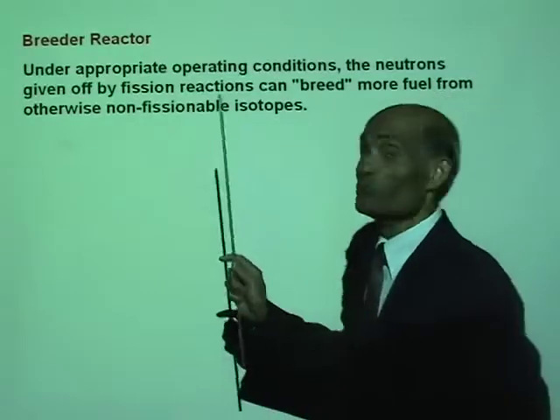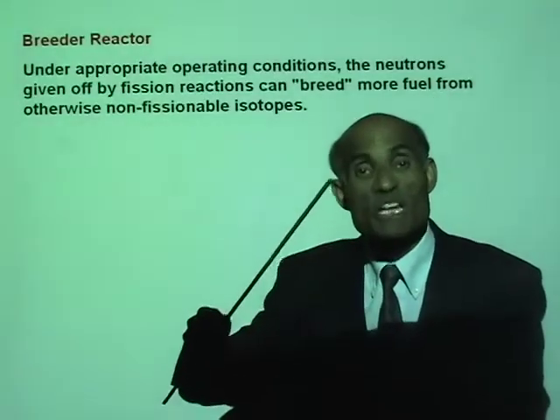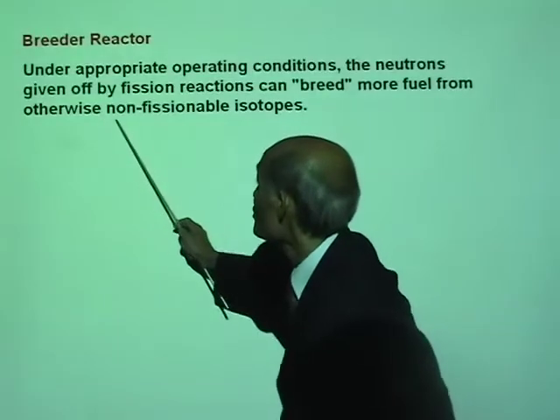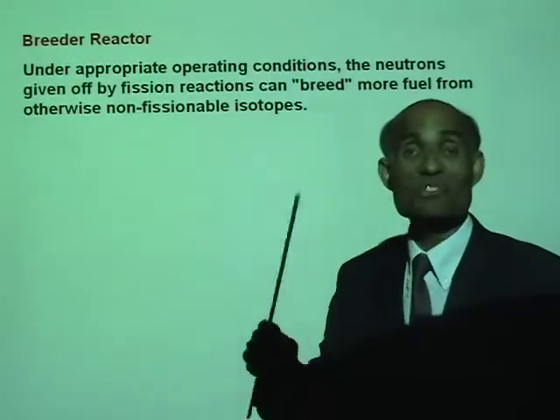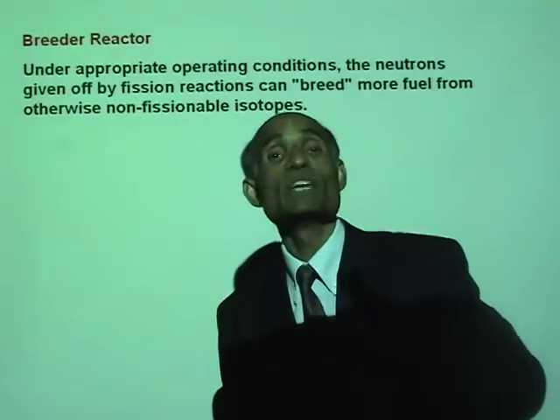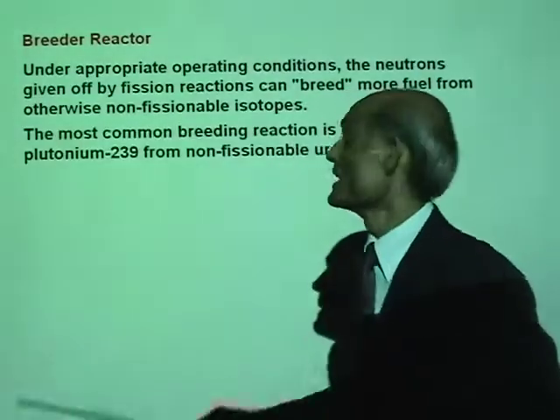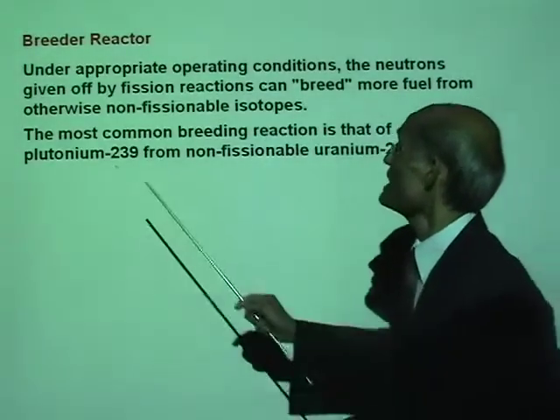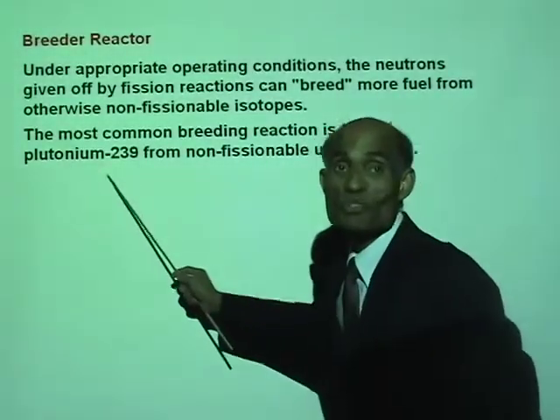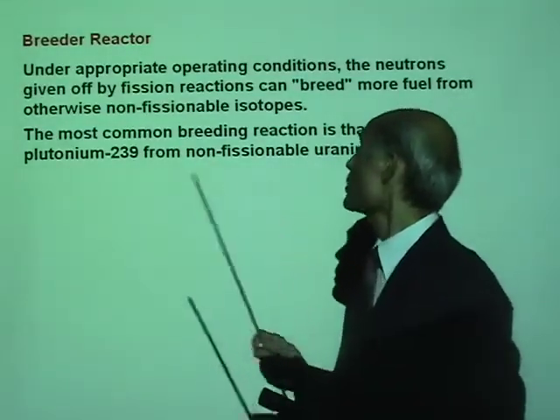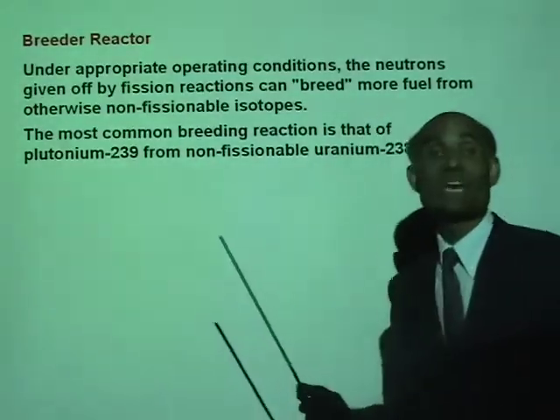Now, the neutrons that are released in fission, if absorbed by this non-fissionable isotope of uranium, can be made into plutonium. The most common breeding reaction is that of plutonium-239 from non-fissionable uranium-238.